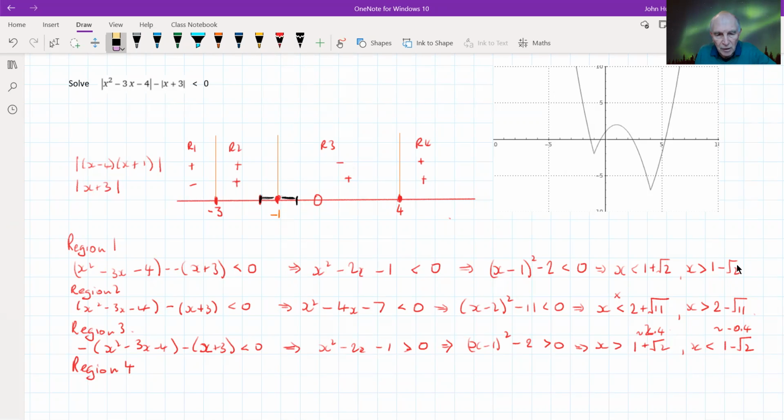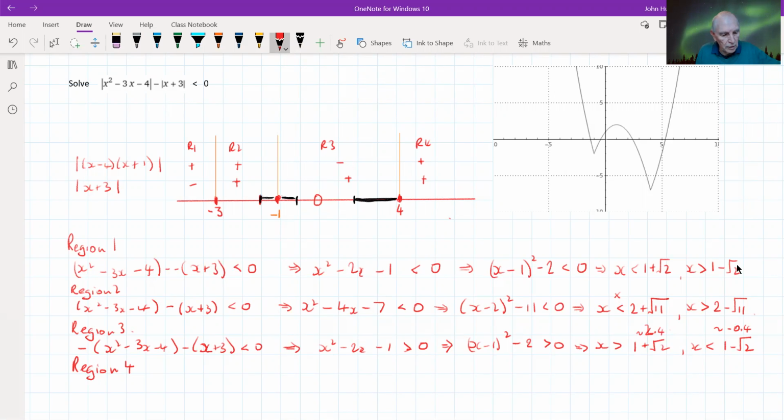In actual fact, it's around about here. So in fact, it's all those values there. Right, that's better. Okay, so we're doing okay so far.